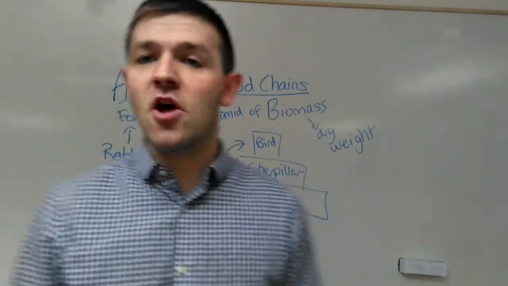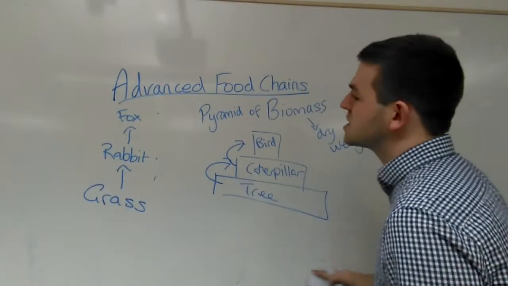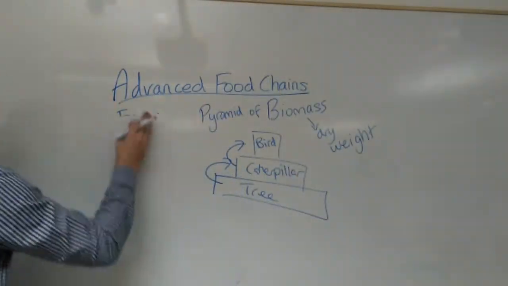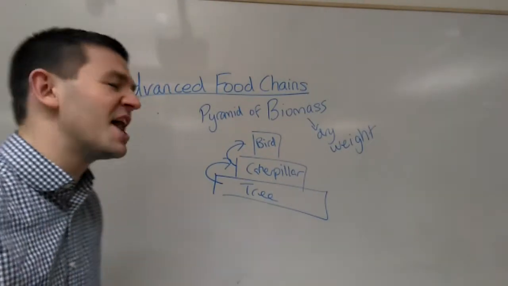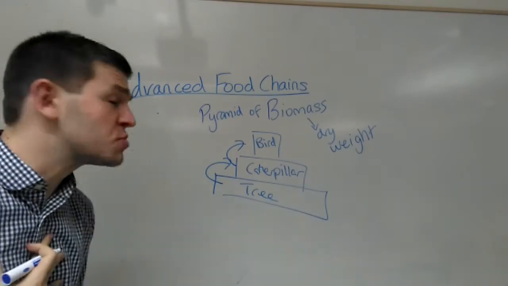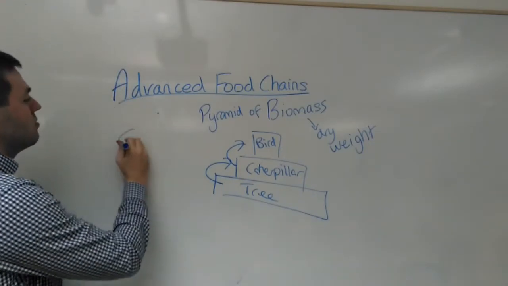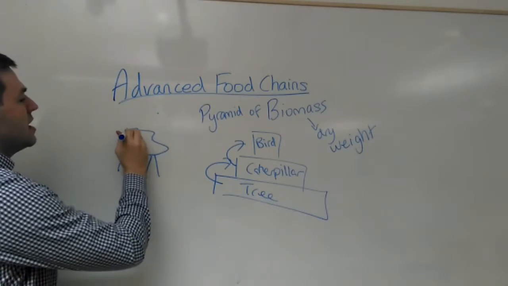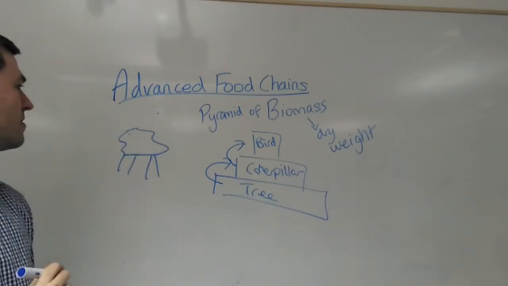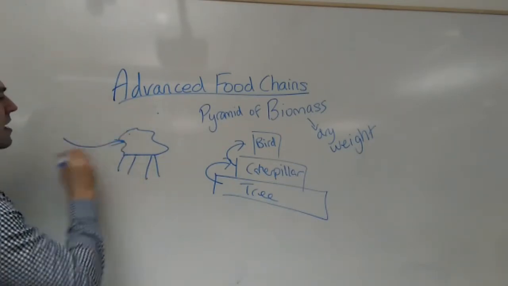The weird thing, though, is why does that mass always go down? Well, we have to remember what happens when any animal eats food. It happens to us as well. Any animal, let's draw: this is random animal. Random animal eats food.